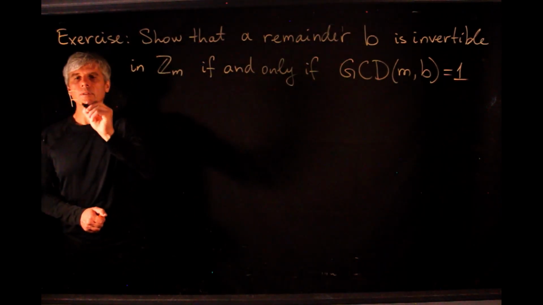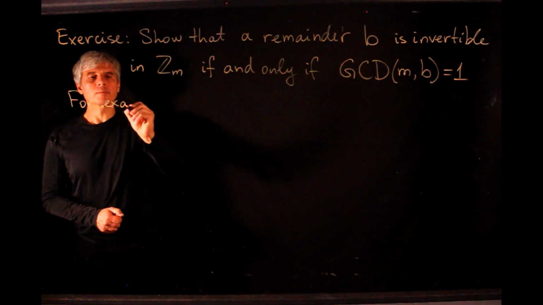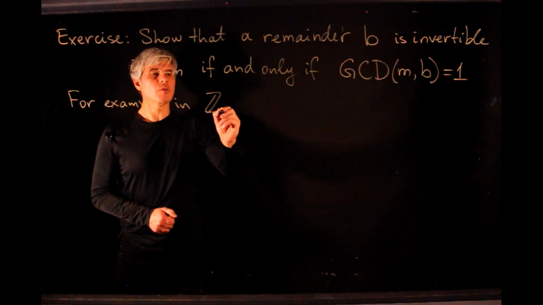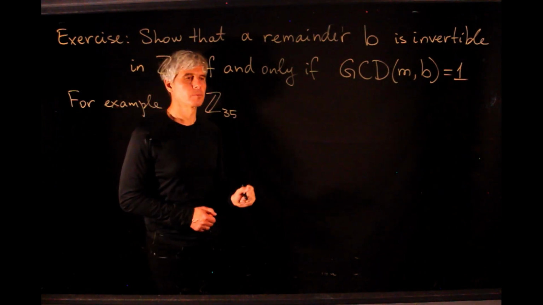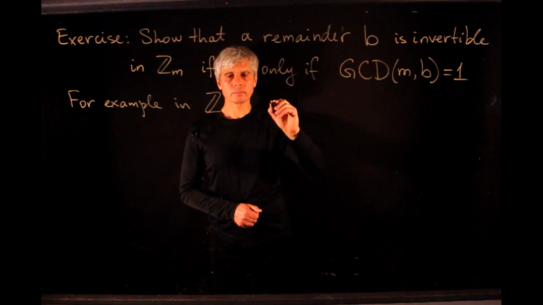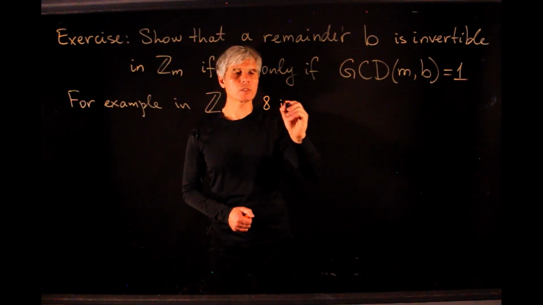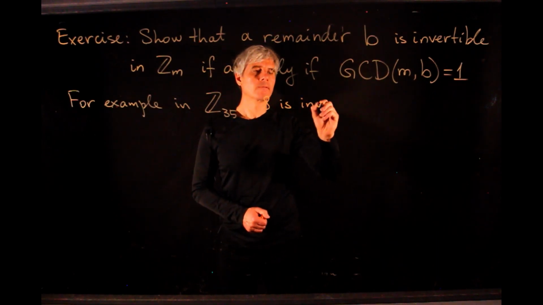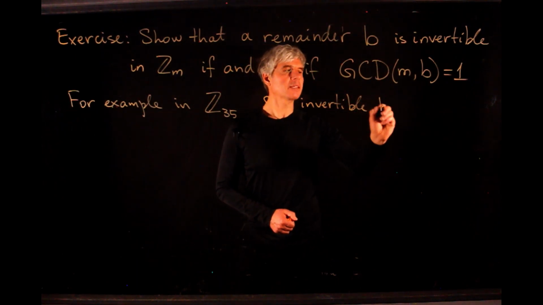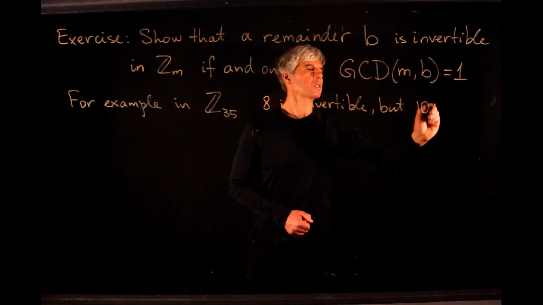So, for example, in Z35, remainder 8 is invertible, but 10 is not.